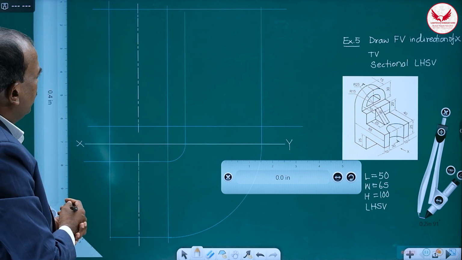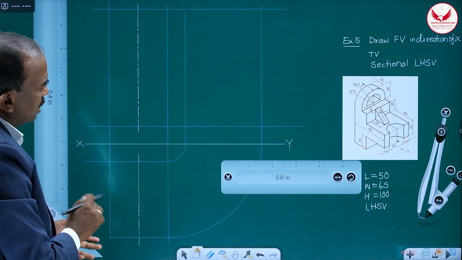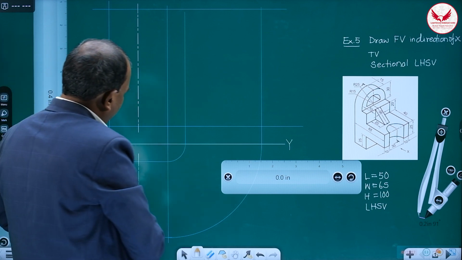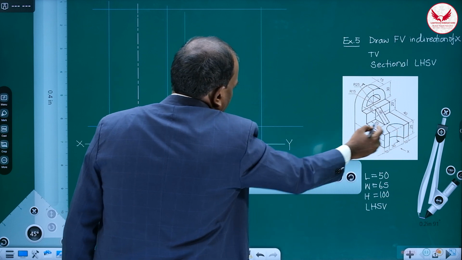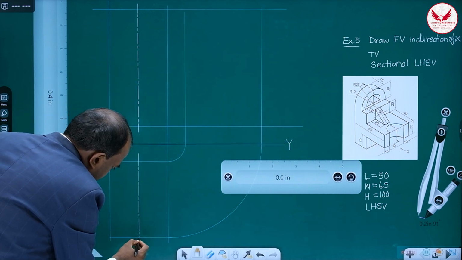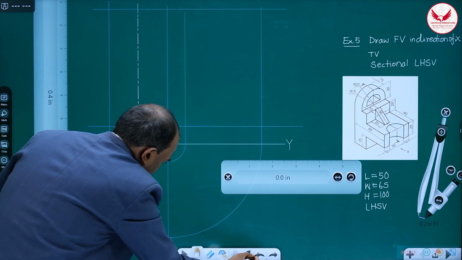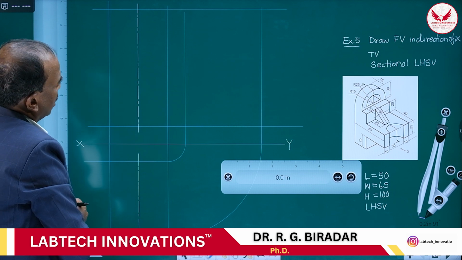Then afterwards, again I'll suggest, wherever a circular or semicircular portion is there, mark its center. In the top view, for this semicircle, this point is going to be the center. Perfectly, that point is going to be the center.